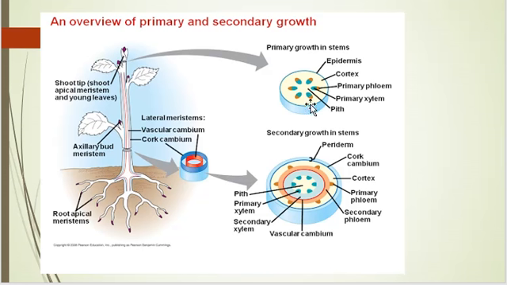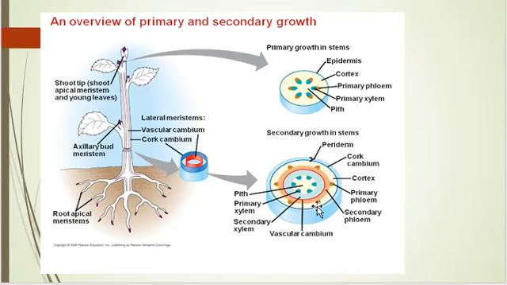In the transverse section of primary growth, the outer layer is the epidermis, below epidermis the cortex is present, and below the cortex the vascular bundles are present, with phloem on the outer side and xylem on the inner side, and at the center the pith region is present.